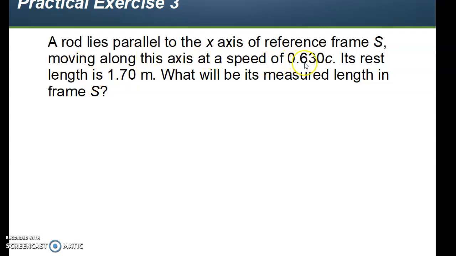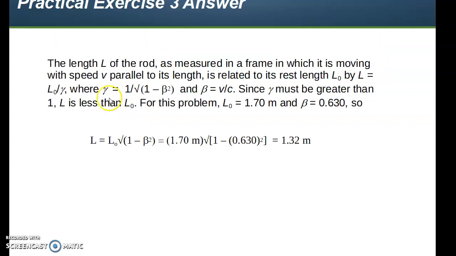So a rod lies parallel to the x-axis of reference frame S, moving along its axis at a speed of 0.630 times the speed of light. Its rest length is 1.70 meters. What will be its measured length in frame S? The length of the rod is measured in the frame in which it's moving.